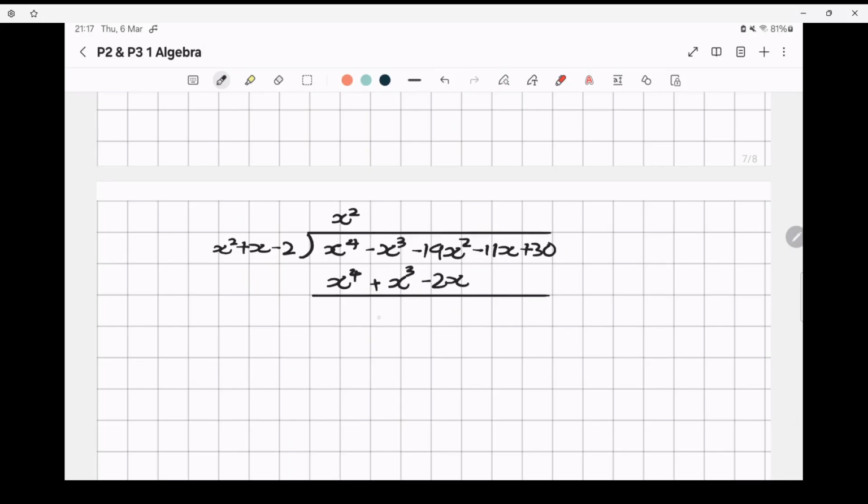So you have minus 2x cubed, minus 19 plus 2, minus 17x squared. Okay, minus 11x plus 30. So then what you need is minus 2x. So you have minus 2x cubed minus 2x squared plus 4x.